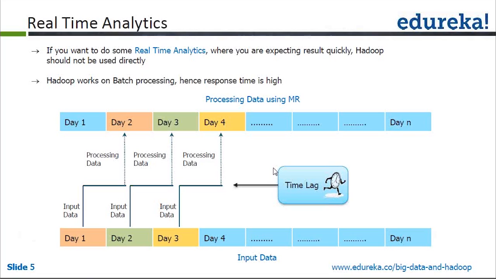The current versions of Hadoop are trying to solve these real-time analytics problems, but technically Hadoop is best suited for batch processing. They are now also targeting how we can handle a stream of data.